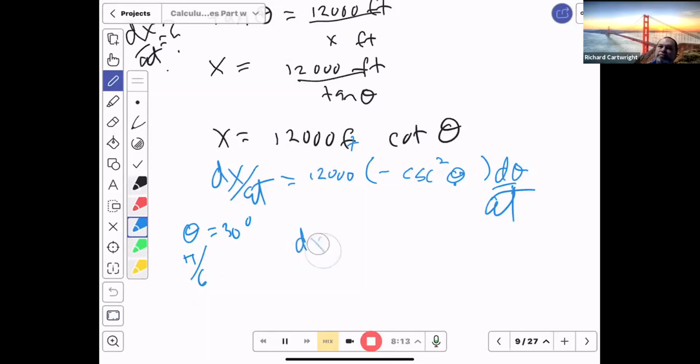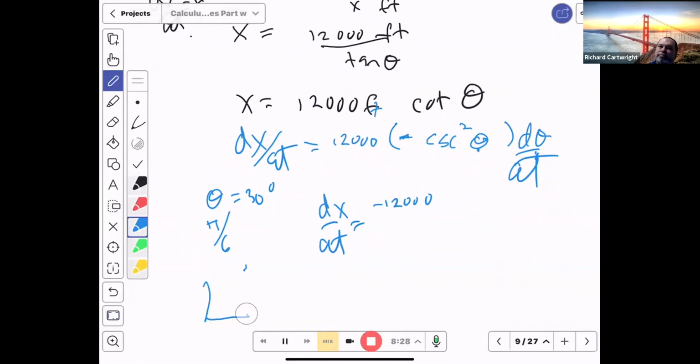So dx dt is negative. I'm going to put that out front so I don't lose it like I did the last time. Negative 12,000. And if I have this perfect triangle, 30-degree angle like I have before, which is 1, 2, square root of 3, what is the cosecant of this 30-degree angle?